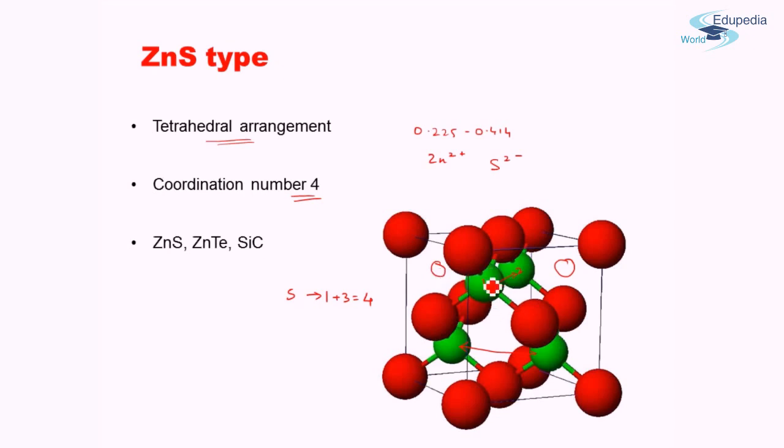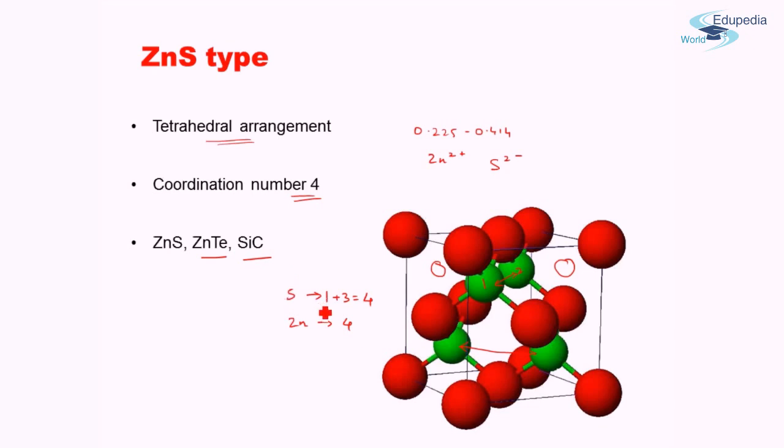So this zinc is here, diagonally opposite to that zinc. This zinc is here and diagonally opposite here, and this pair and this pair are themselves diagonally opposite in the sense that they are perpendicular to each other. So this is my zinc blende or ZnS type of structure. So obviously Zn is also 4 in the 4 tetrahedral voids. Now other examples of ZnS type structure are ZnTe and SiC. These all fall under the ZnS type of structure.